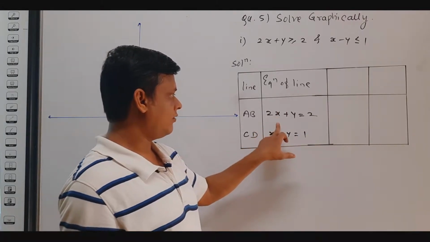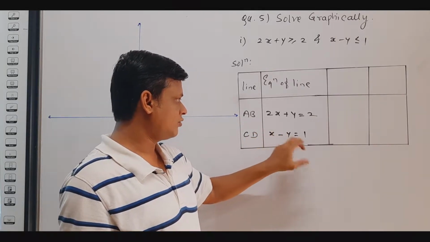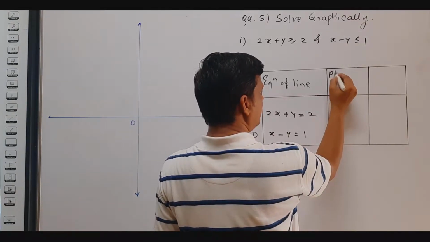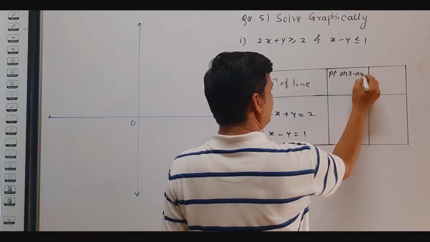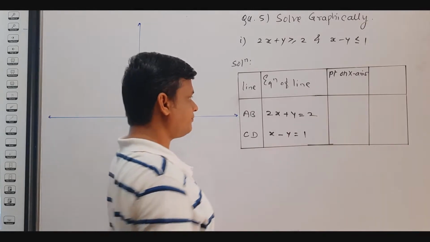This first line we call line AB, and the line x minus y equals 1 we call line CD. We consider points on the x-axis and y-axis because both lines are not passing through the origin.